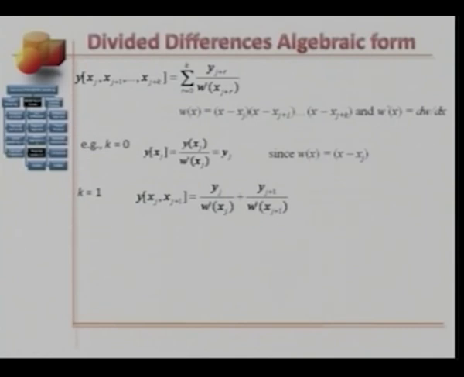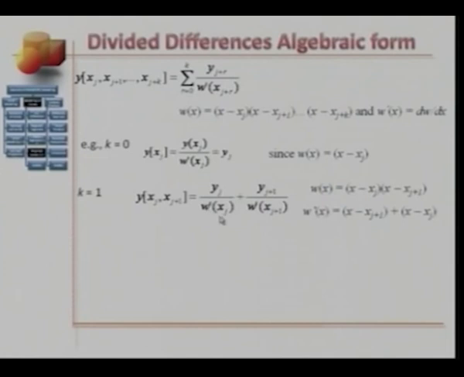How do you construct w? W will be x minus xj times x minus xj plus 1. Differentiate that once to get w prime x equals x minus xj plus 1 plus x minus xj.